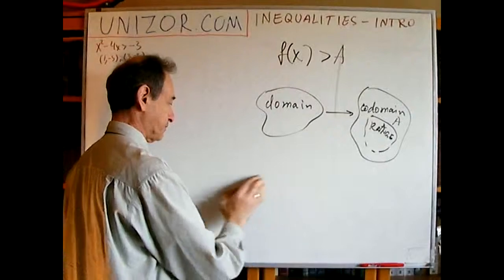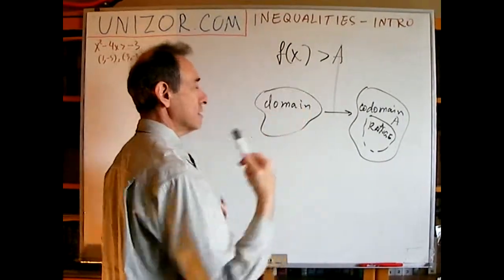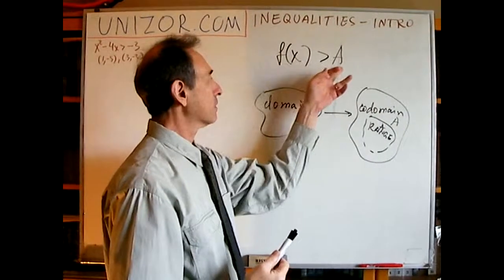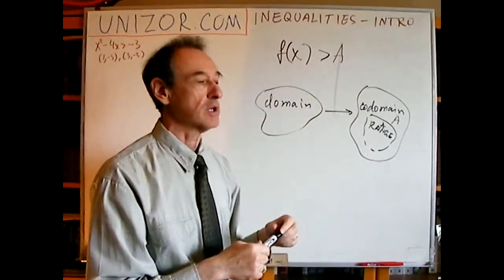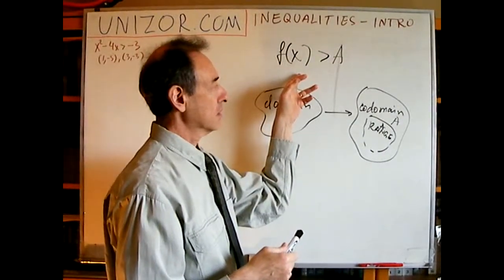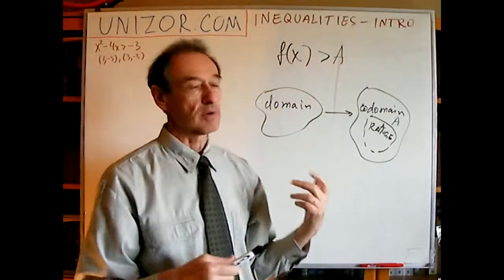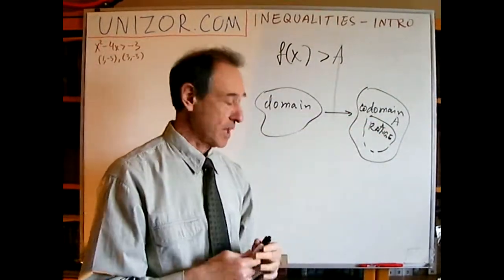That's fine. Now we are talking about the value of the function to be greater. In this case it's greater, but again you can always substitute any other inequality sign, less than, etc. So the value of the function f at x is supposed to be greater than the constant a, which is an element of the codomain.